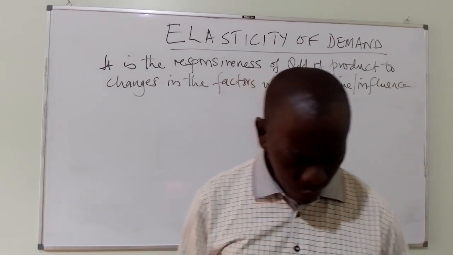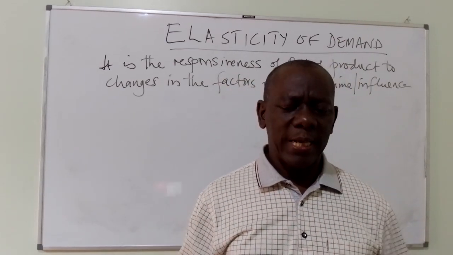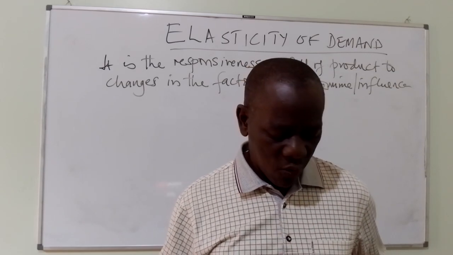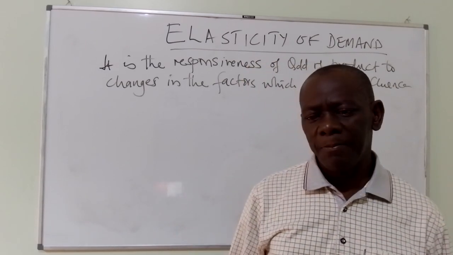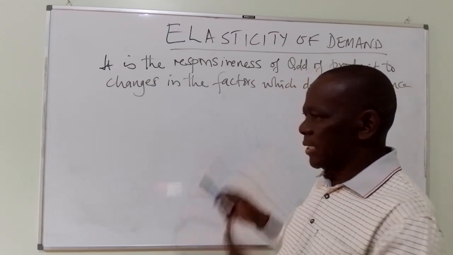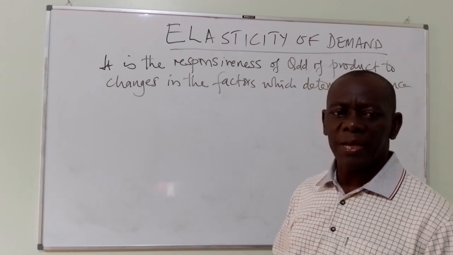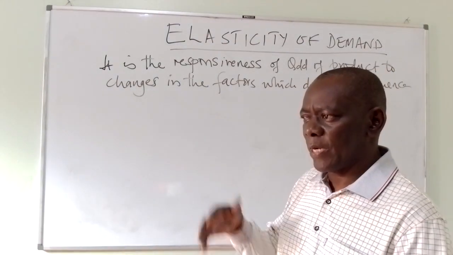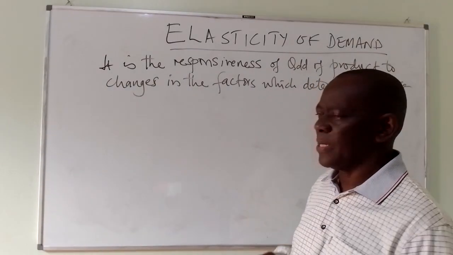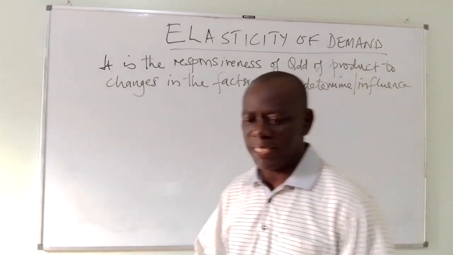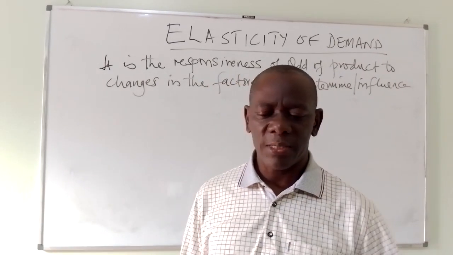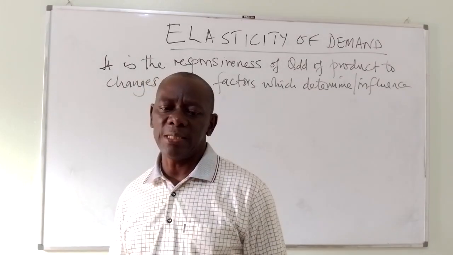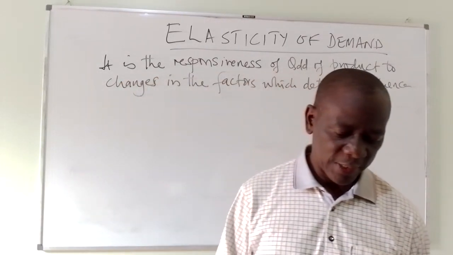So we look at the factors that determine or influence demand, and we see what happens if there are changes in those factors. What happens to the demand? How does it change? You put the factor on one side and see how its change affects the demand on the other side.